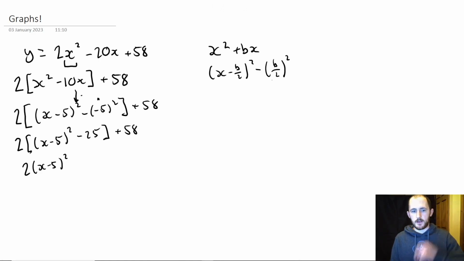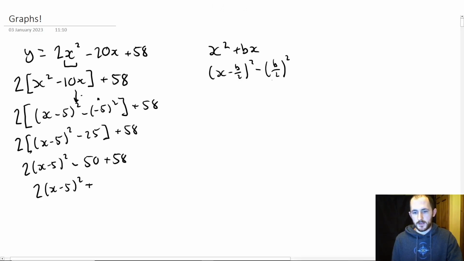But if that makes sense, then I'll move on. So wait, does that make sense? Yeah? Okay, perfect, cool. And then minus 50 plus 58. So then, of course, you just have 2x minus 5 squared plus 8.